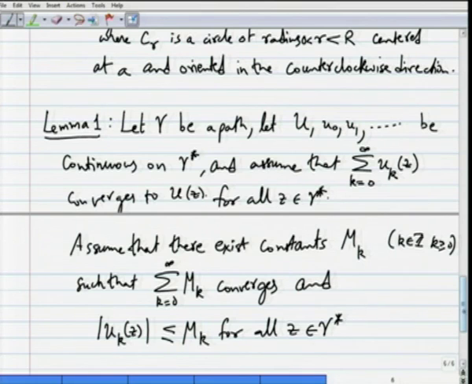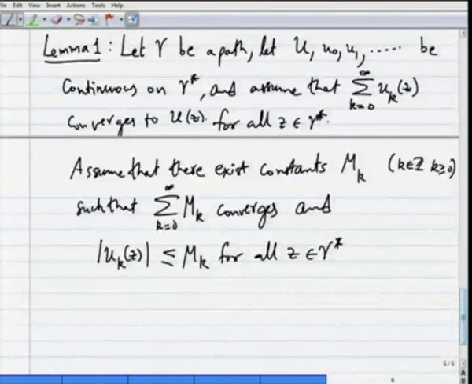So, for any z belonging to the trace of gamma, the modulus of u_k(z) is less than or equal to M_k.